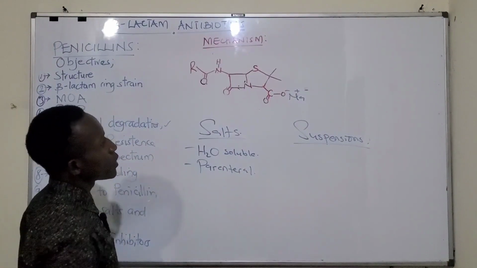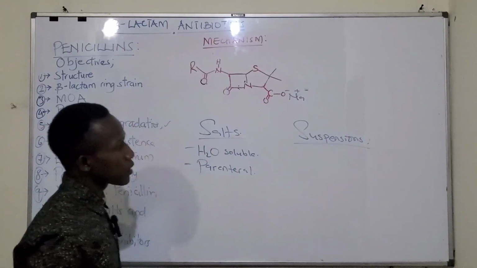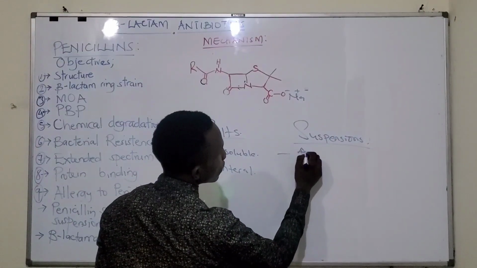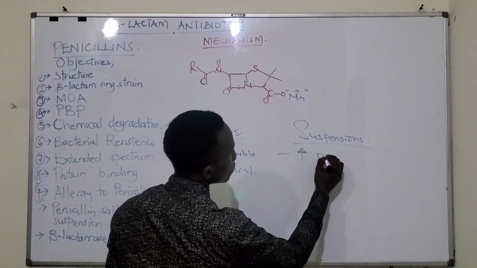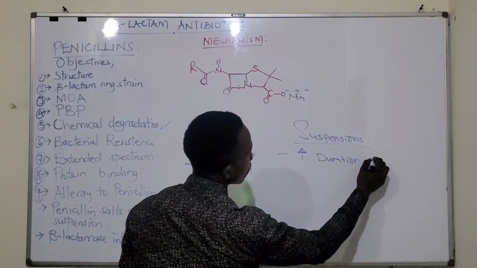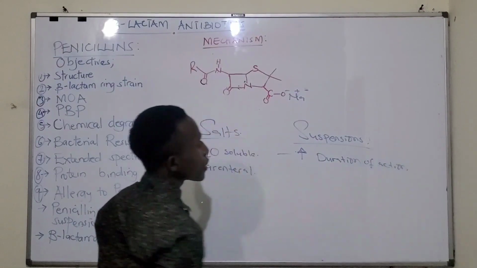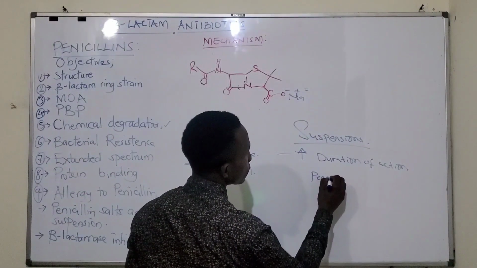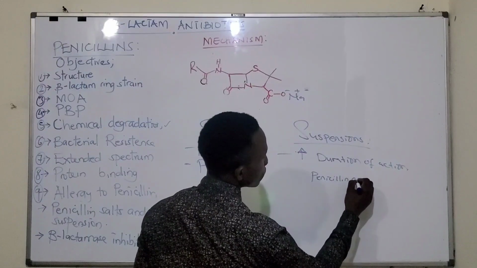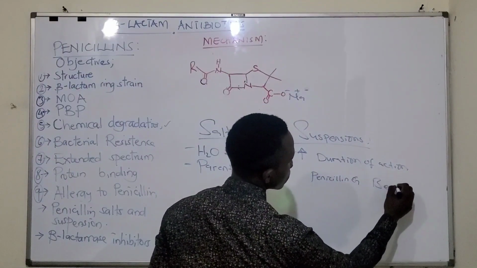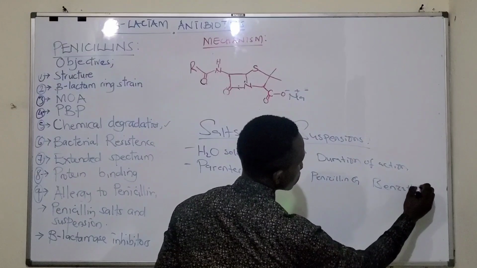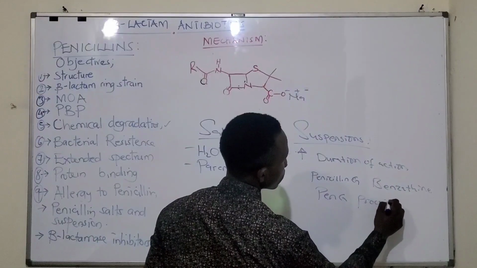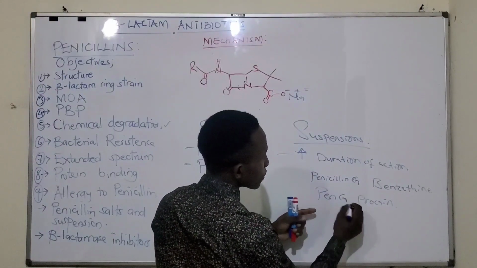use. Then if we make suspensions, these ones increase the duration of action, meaning that little will be released. For example, penicillin G benzathine. Then penicillin G procaine. Meaning you add the penicillin and procaine.